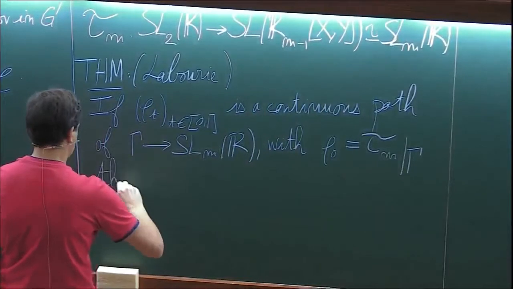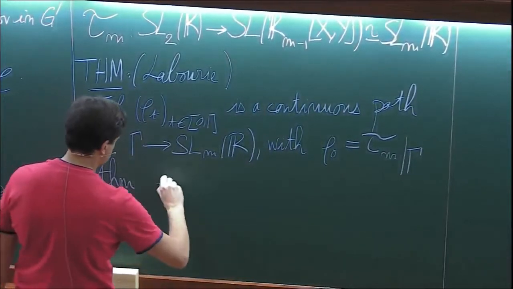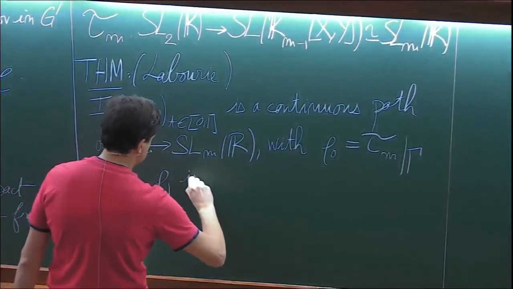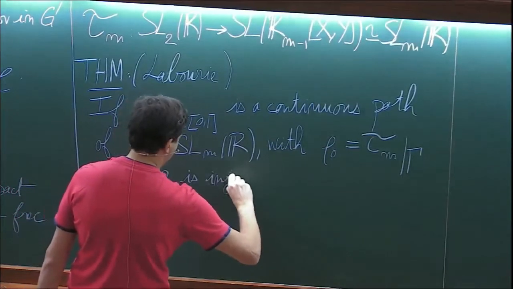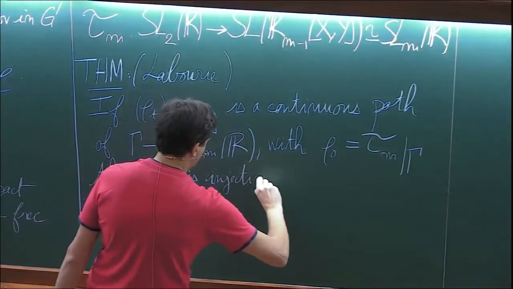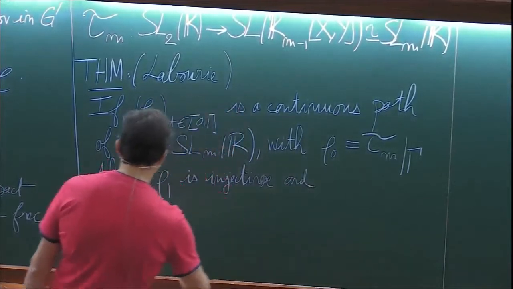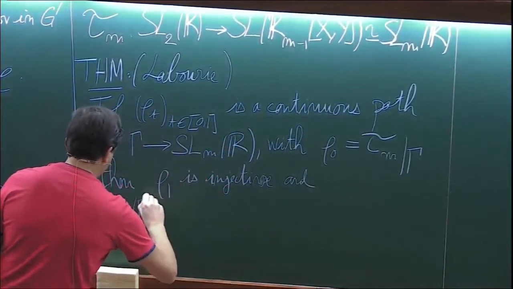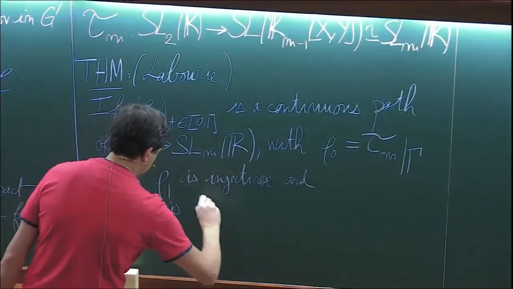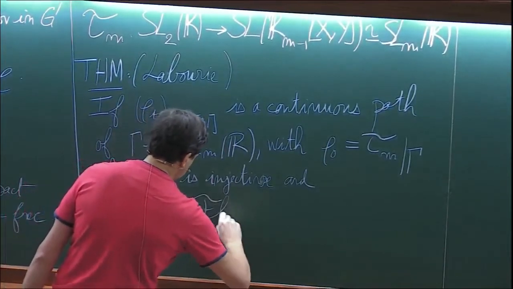Then maybe I'll phrase it like this: rho 1 is injective, and rho 1 of gamma is what I will call flag Anosov.